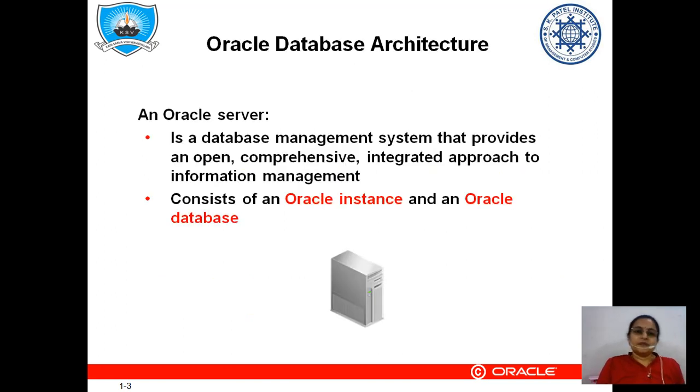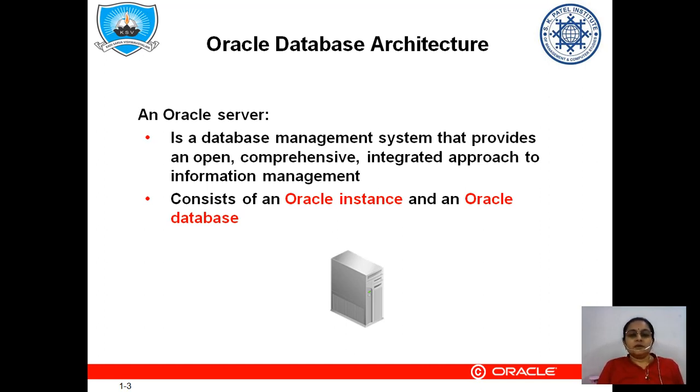Let's proceed. As we know, Oracle is a robust vendor in database systems. A database management system provides a robust way to handle data in an open, comprehensive, integrated approach to information management.